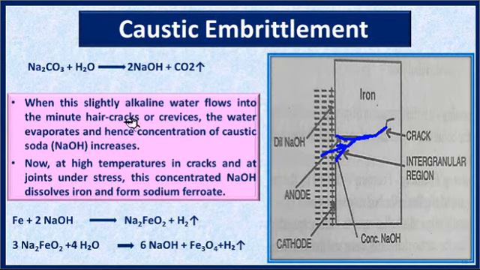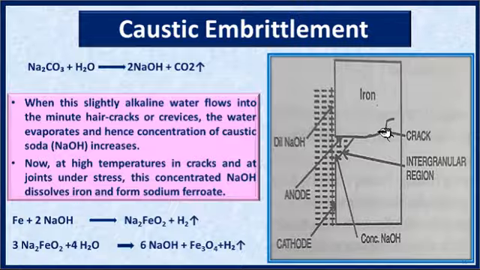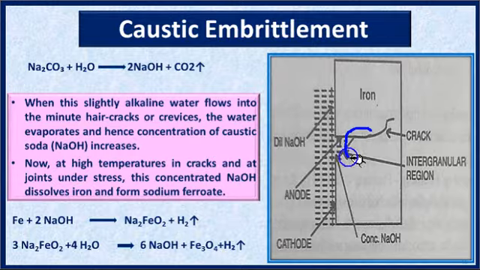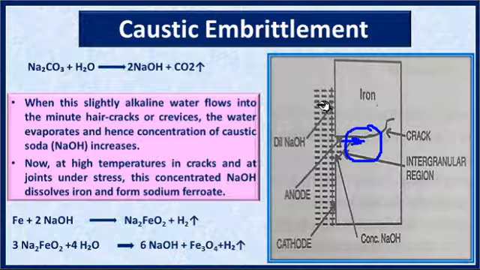Now what condition develops here? Two conditions are developing. First, the metal surface which is in contact with this area of NaOH containing water, and second, the bulk surface where the water is in contact with the metal.